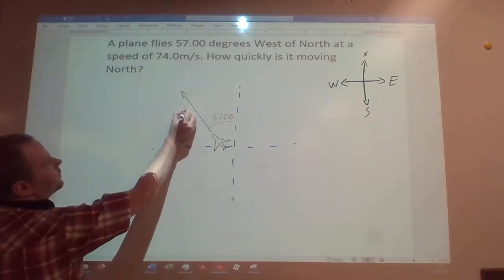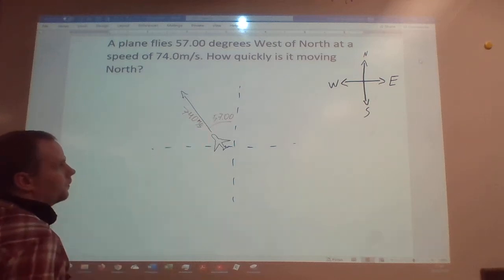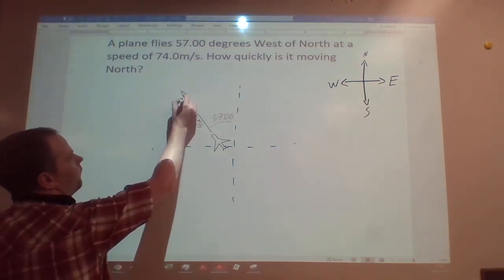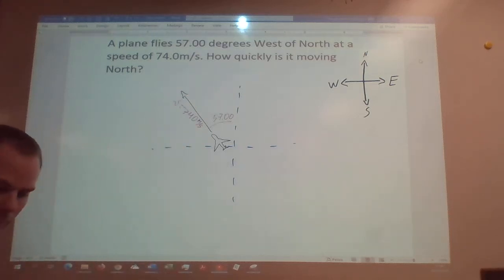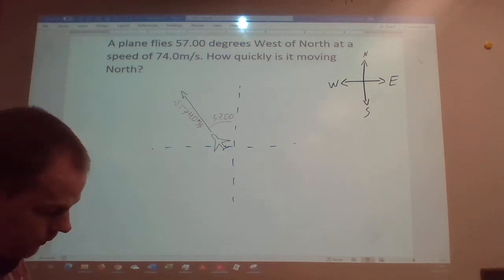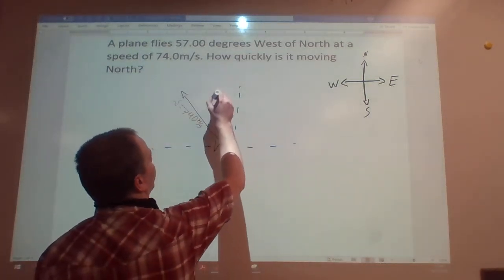So 74.0 meters per second, and this is V. So we turn this into a triangle.